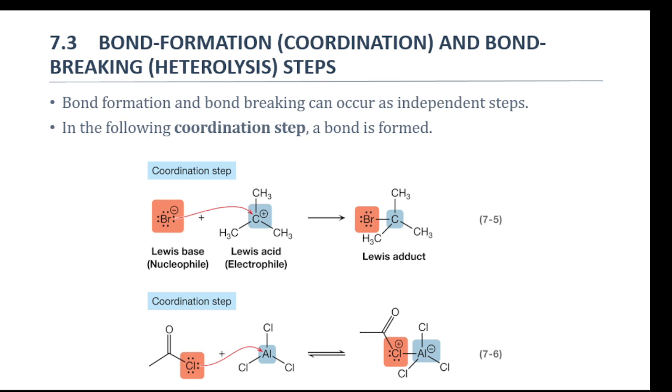Now the bond breaking, heterolysis, what does hetero mean? Different. Yeah, homo meaning same, right? Hetero meaning different, okay? And so lysis means to break, doesn't it? Okay. And so this actually tells us that we're going to take the electrons in one of the bonds, and they're going to go to only one of the species, one of the atoms. On the other hand, the other atom doesn't keep any of those electrons. Right?